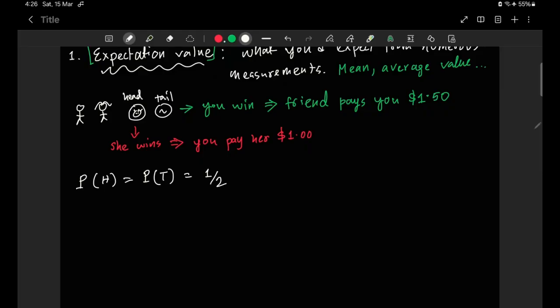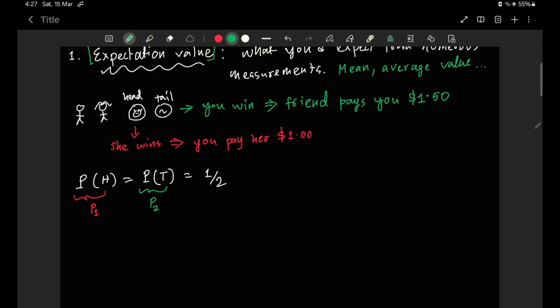So now let's call the probability of head P1, and let's call the probability of tail P2. So whenever there's a tail, there's a 50% chance you win. And whenever there is a head, there is a 50% chance that your friend wins and you lose. Okay.